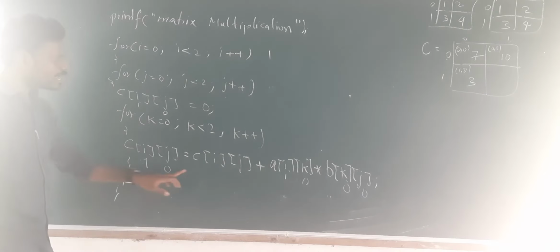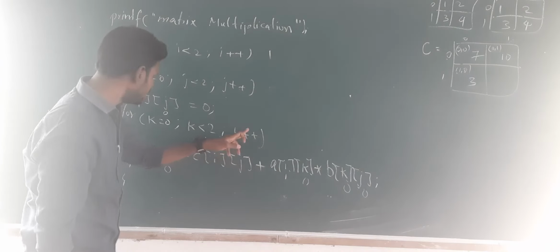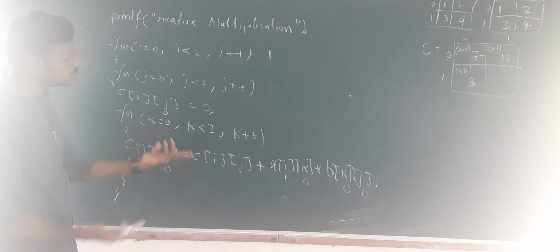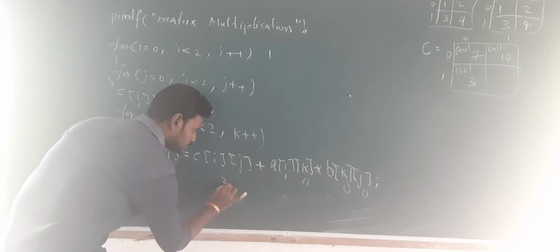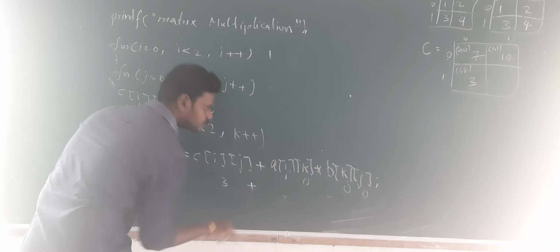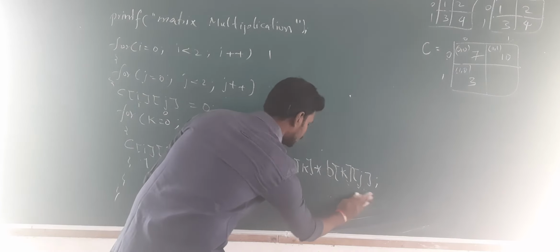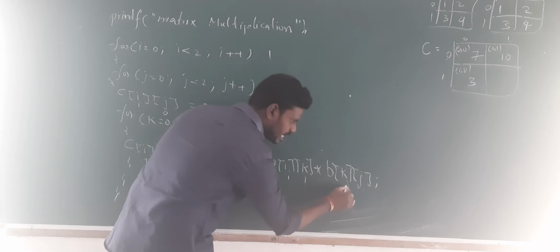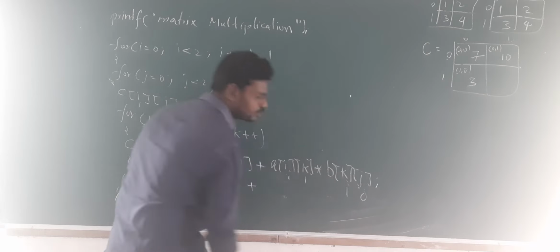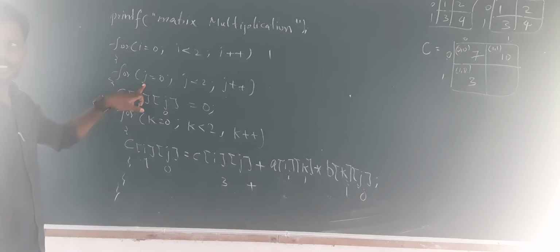And this is not done. Now again I will increase the value of k. Here the k will become 1. 1 less than 2, yes. Now in this case, C of 1 0 is consisting of 3 plus. I is 1, k is 1 and j is 0. See here it is.